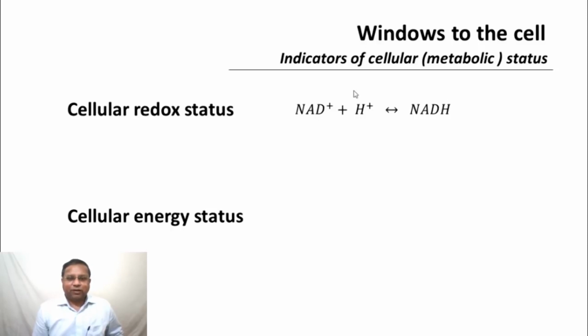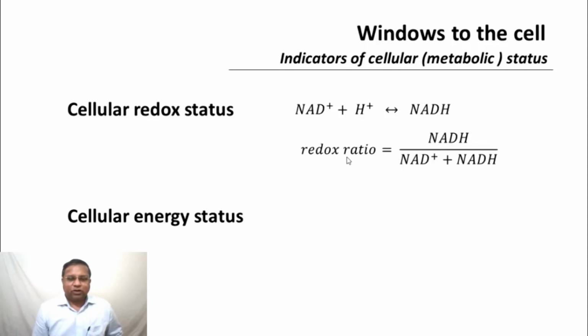This conversion takes place in various metabolic reactions in the cell. NAD plus H plus giving you NADH. So this has the reducing power which is taken forward for so many different important functions in the cell.